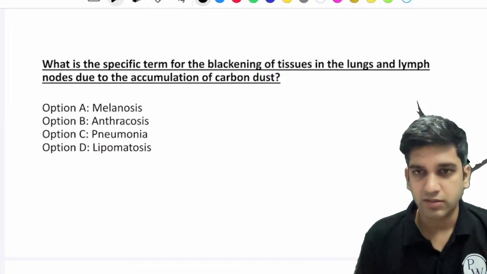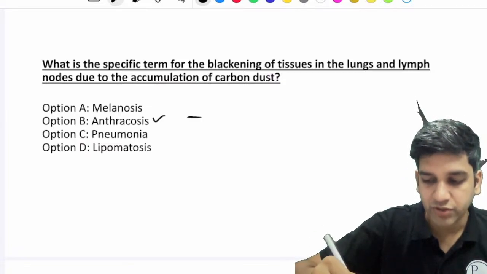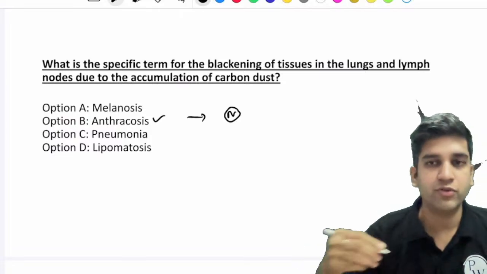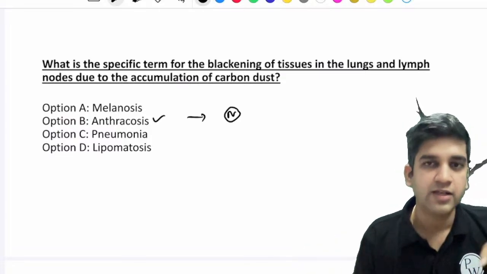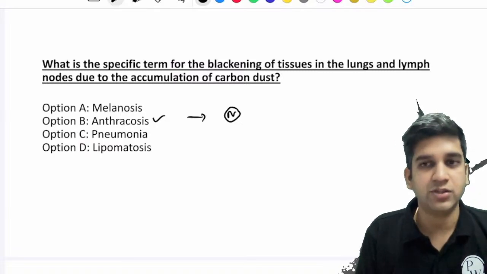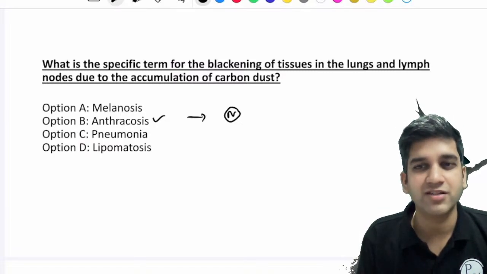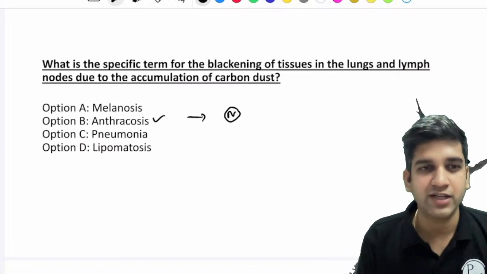Again, it's a very simple one. It's anthracosis. Anthracosis is completely normal. If you look at Robbins, it is written that a person who is living in urban areas and a smoker can have anthracosis. But I would say almost every place in the world is polluted, right?